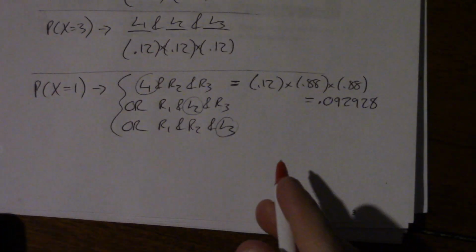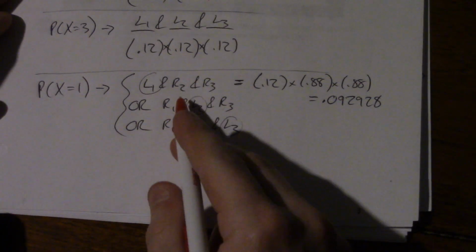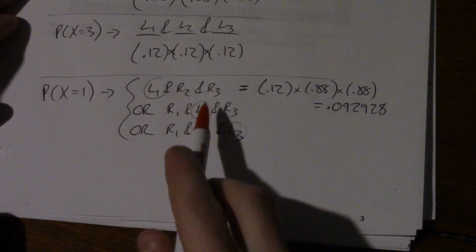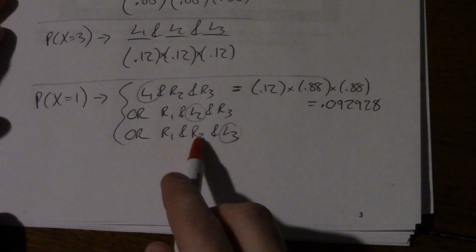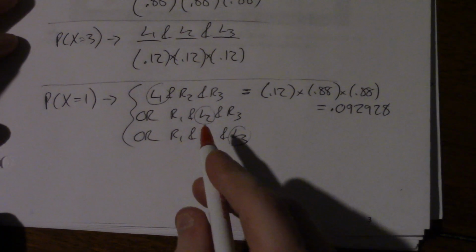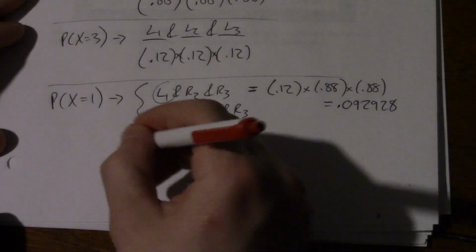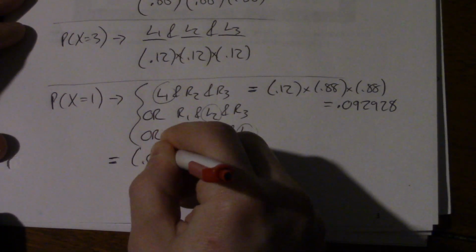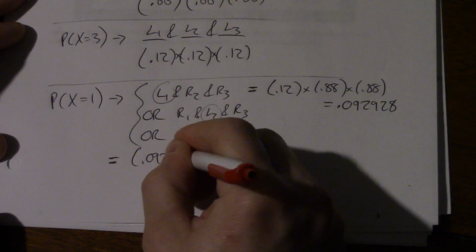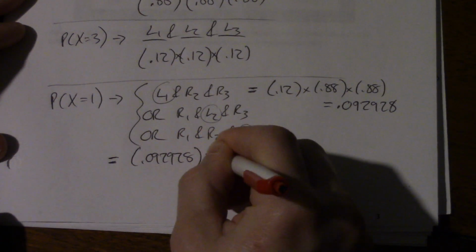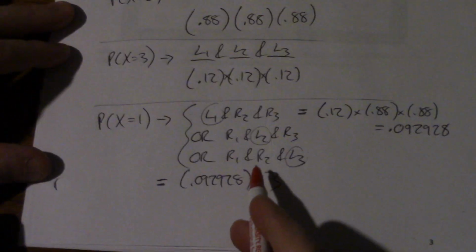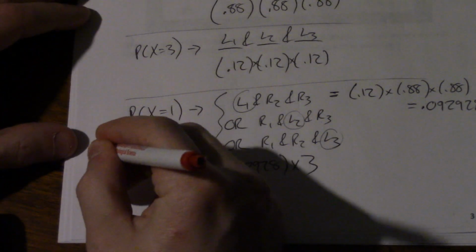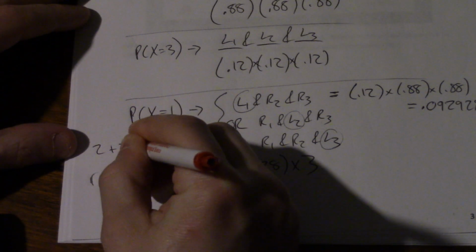Okay. So essentially what we're doing here is we are adding together the same number 3 times. So if we want the probability that x is 1, we can take a shortcut and say that we have 0.092928 3 times. Okay. So essentially what I'm saying here is 2 plus 2 plus 2.